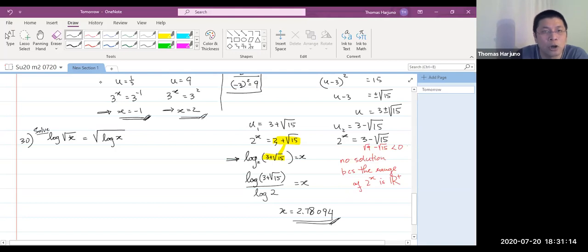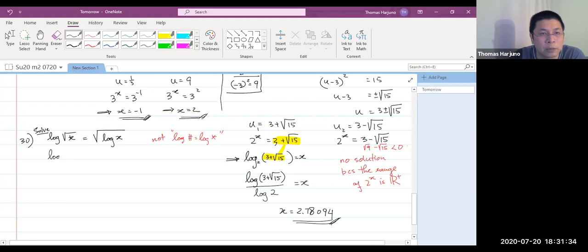Now this is not the log of a equals log of b style. No, it's not. So we can't just cancel the log. Let's do some manipulation using the properties.